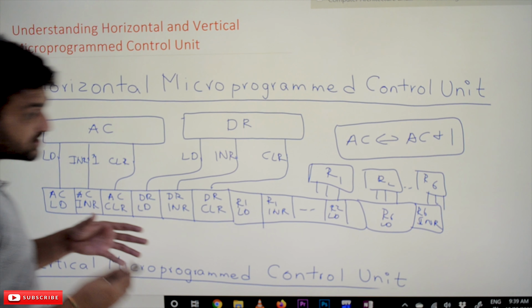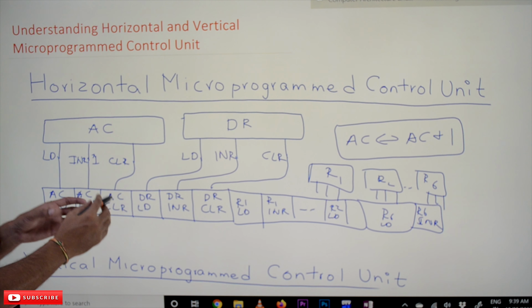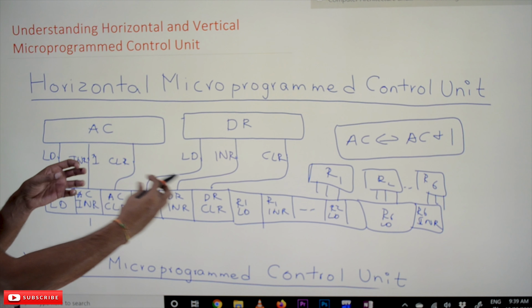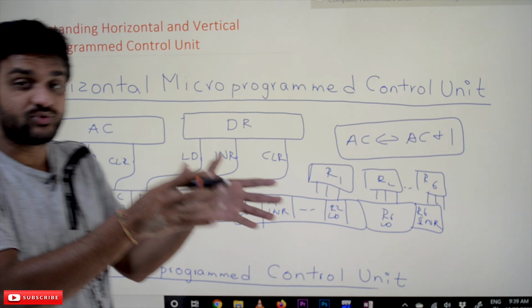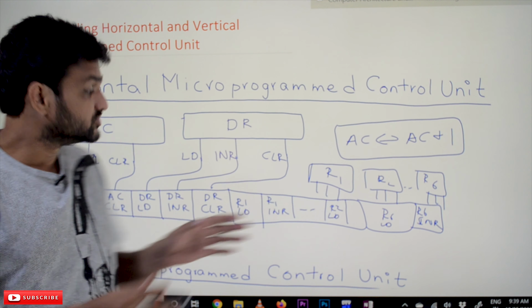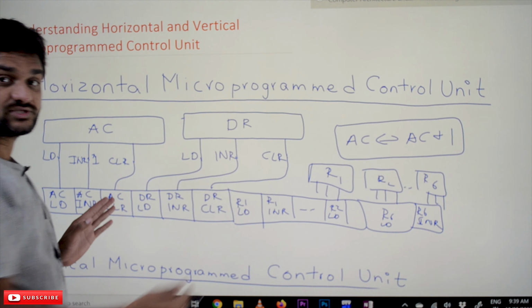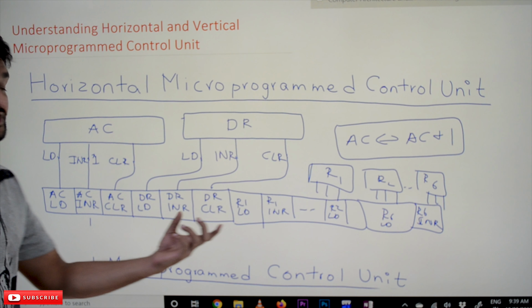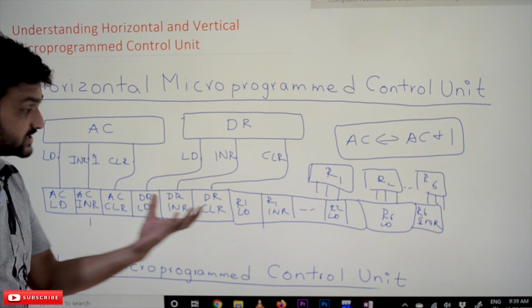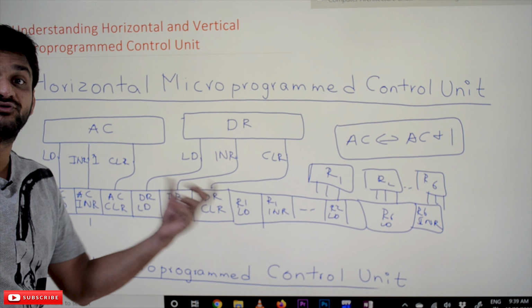This is how the control word will grow for the computer with 8 registers. So how many control signals are there in the control word? It is 24. The size of the control word is 24 bits.